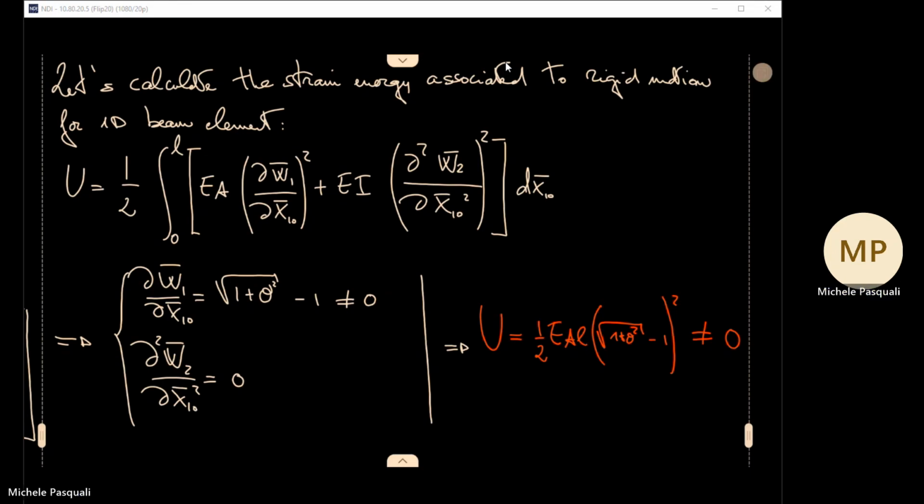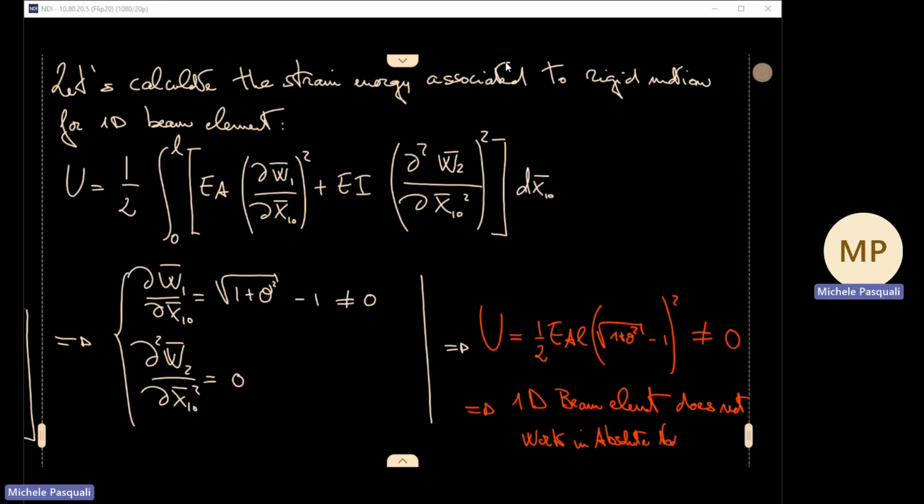Okay. So it does not work in absolute nodal formulation.